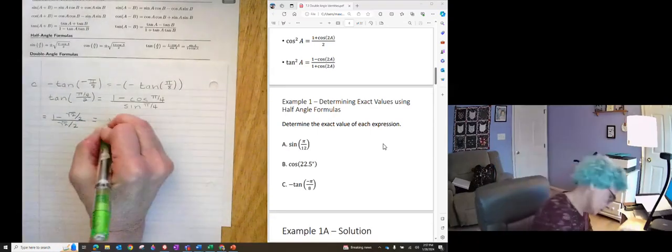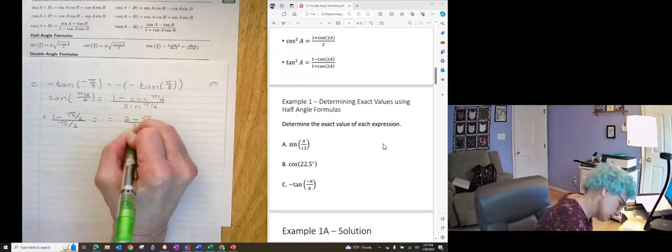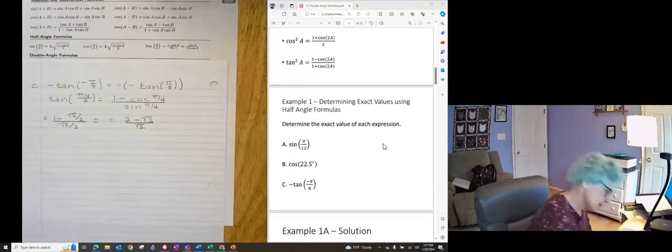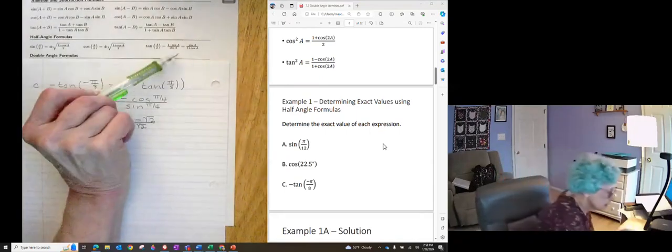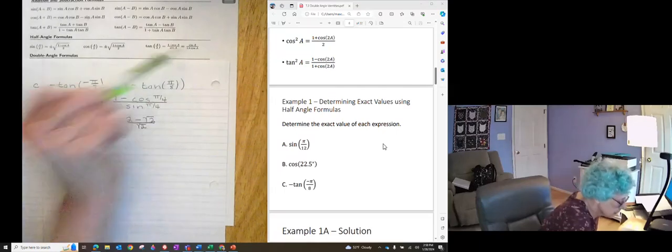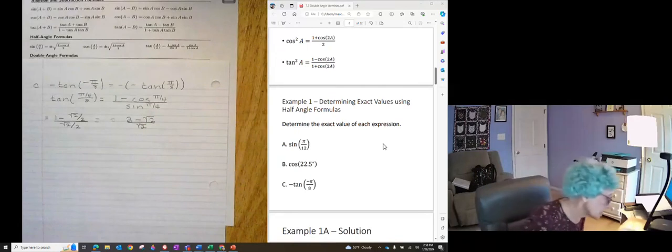Multiply everybody by 2. I get 2 minus square root of 2 over square root of 2. And if you rationalize the denominator, you get the same thing that you would get if you did sine of A over 1 plus cosine of A.